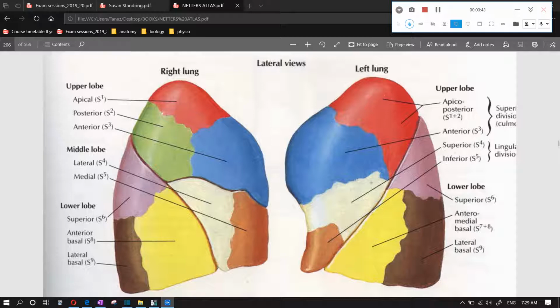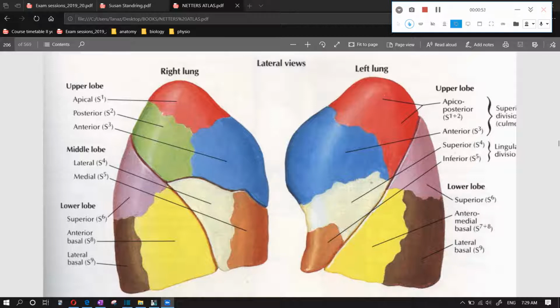Now, we'll keep that information aside and understand how the left primary bronchus is divided into its lobar part and its segmental part and how it branches off inside the lung.